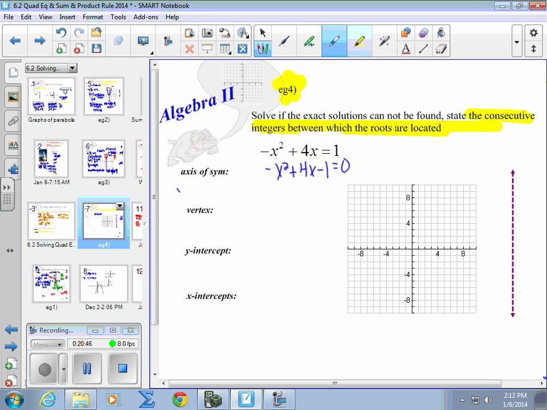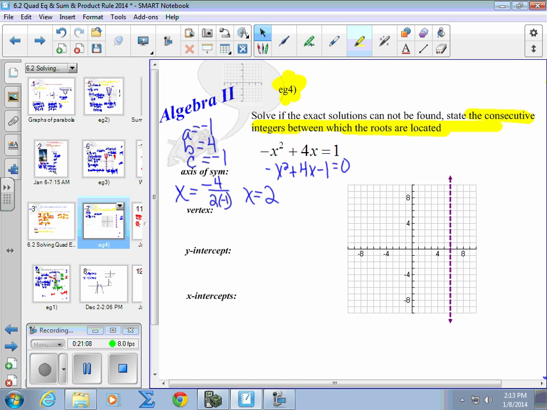The axis of symmetry, well, we know that A is equal to negative 1. We know that B is equal to 4. We know that C is equal to negative 1. So x is equal to negative 4 divided by 2 times negative 1. So we get that x is equal to 2. Draw our axis of symmetry at x equals 2.